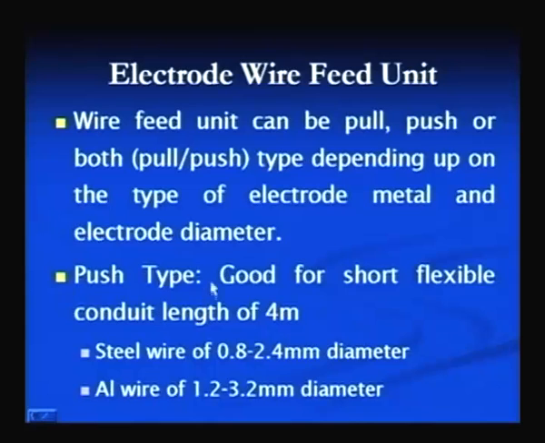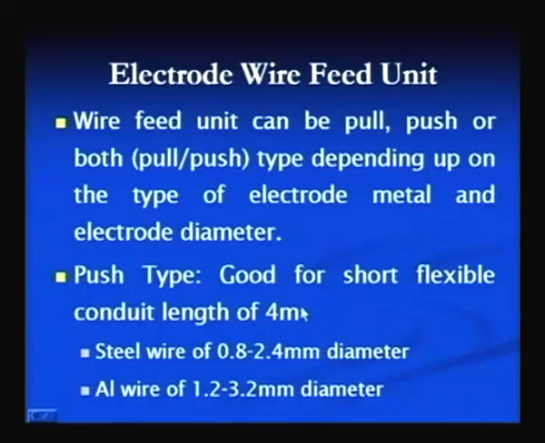Normally the push type of wire feed unit is good for short flexible conduit length. Conduit length is the length through which the electrode wire passes up to the torch.